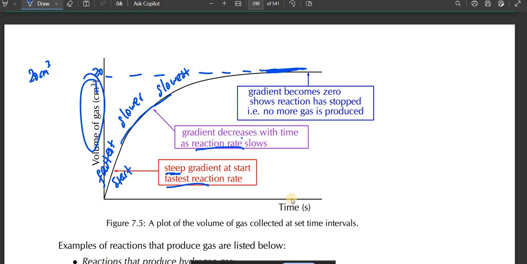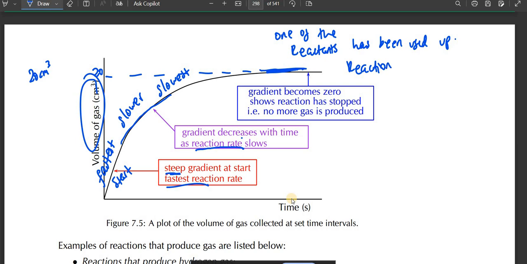Why is it stuck there? This is because now the reaction has stopped. The reactants have been used up. One of the reactants has been used up, which means that the reaction is complete.